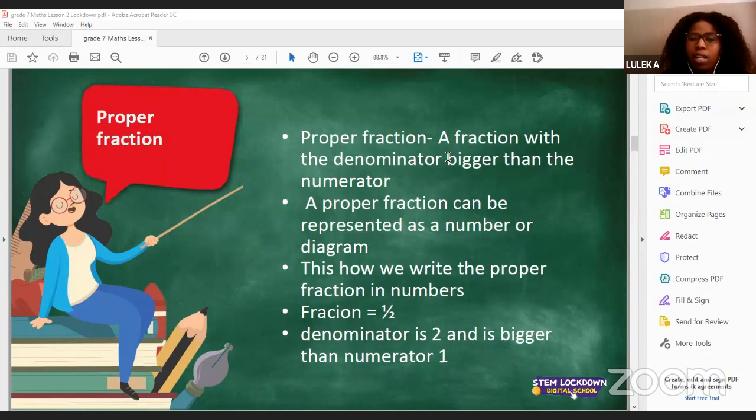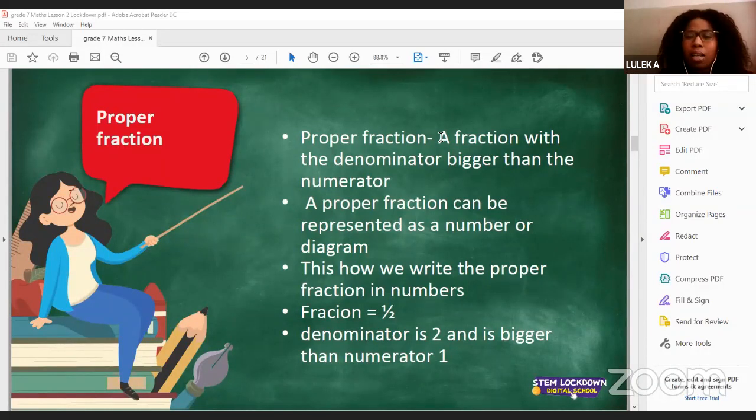A fraction can be represented as a number or a diagram. If we're doing a diagram, you have your square, you cut your square maybe into 4, so you know that you were sharing with 4 people, so our denominator will be 4.